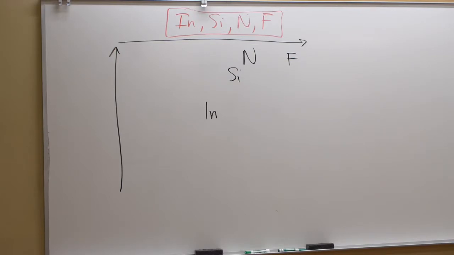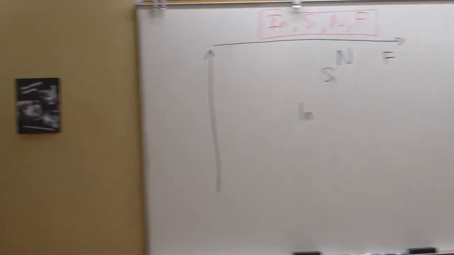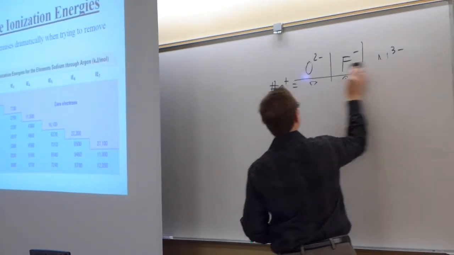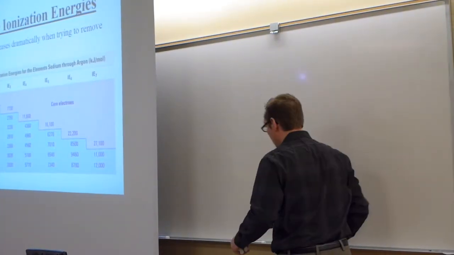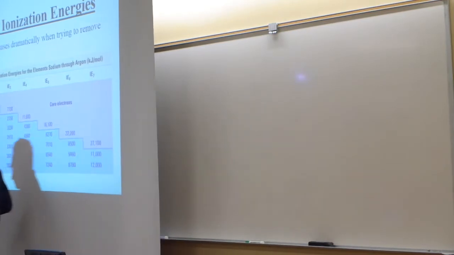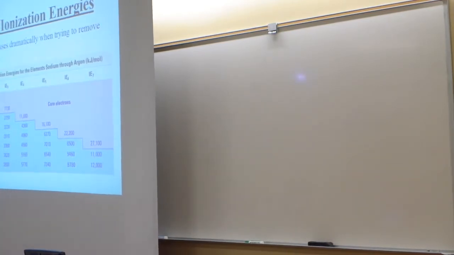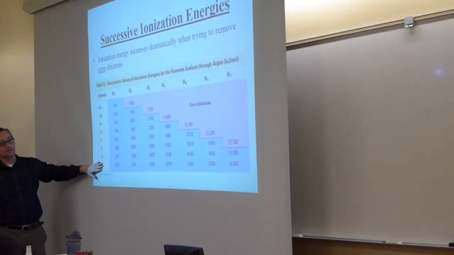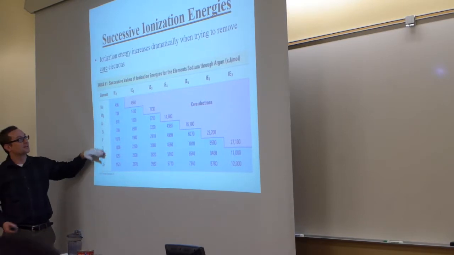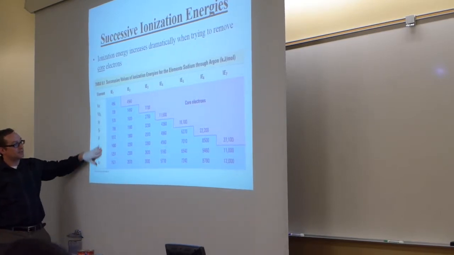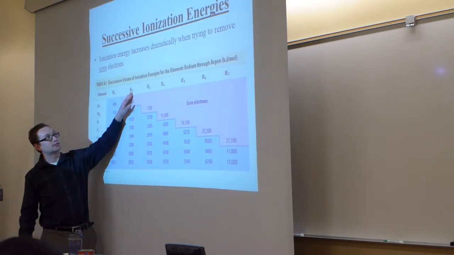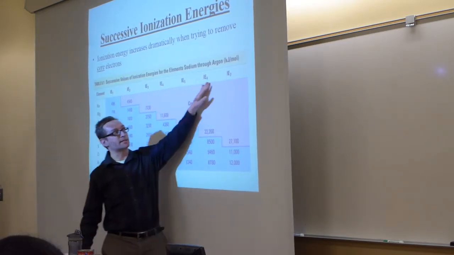Okay, so here's a chart I want you to know. I really like this chart because it shows a lot. What you have in this chart is many of the elements in the third period of the periodic table, with ionization energy 1, ionization energy 2, 3, 4, all the way up to ionization energy 7.